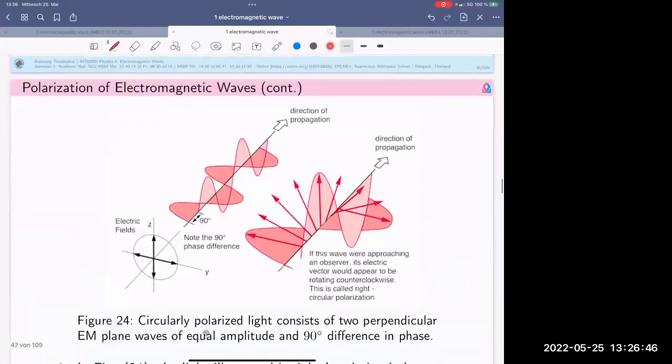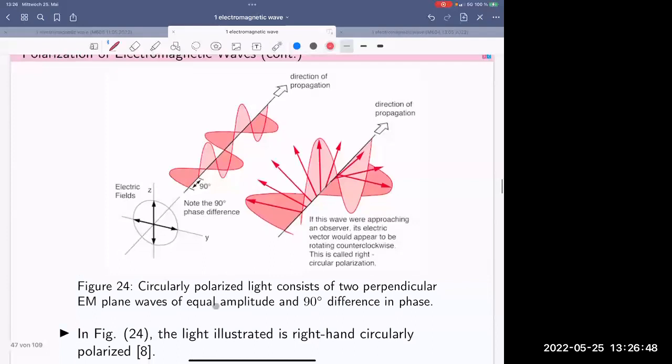Now let's talk about a more sophisticated type of arrangement of the electric field. It can happen that at the starting point, we have the electric field in the horizontal plane like this. And once the wave goes by 90 degrees, the electric field becomes vertical, and after that, it's again horizontal by 90 degrees.